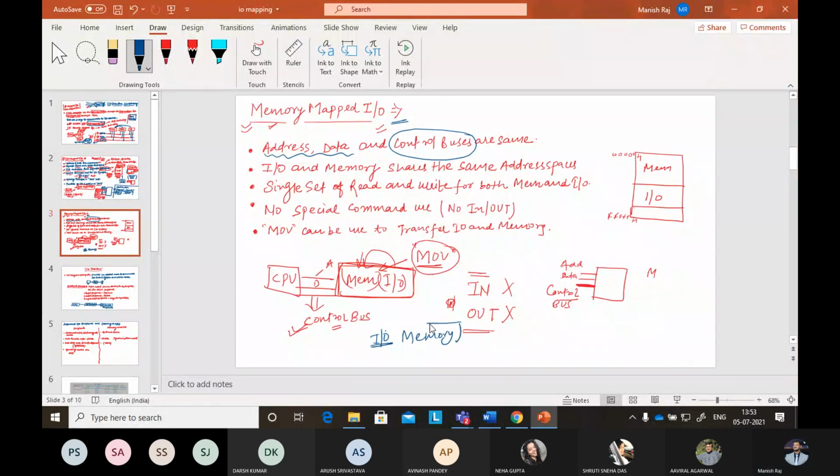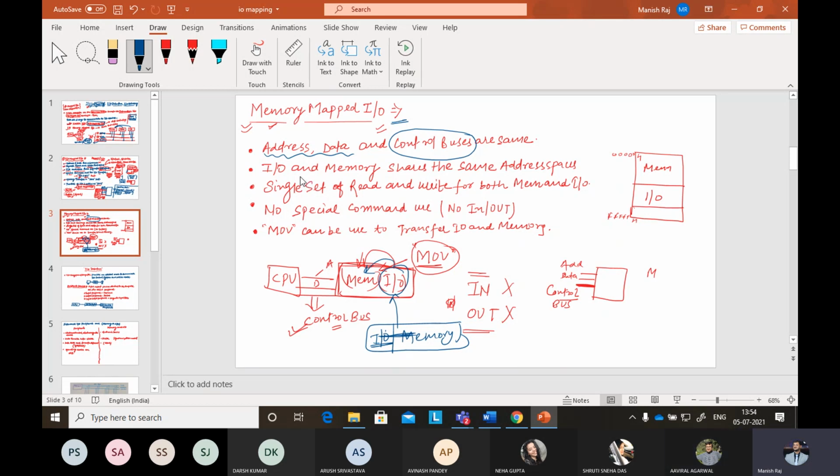Okay, these buses are the same because we are making this a similar thing. We are taking the IO devices as memory, so we are taking only one thing. Okay, so this part is clear. All the buses will be the same for memory as well as the IO. Is it okay, beta? Yes or no? Come on.